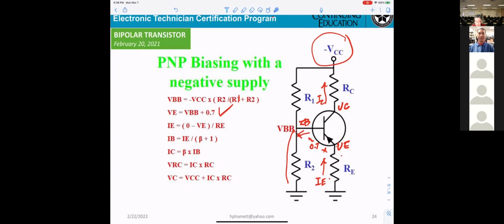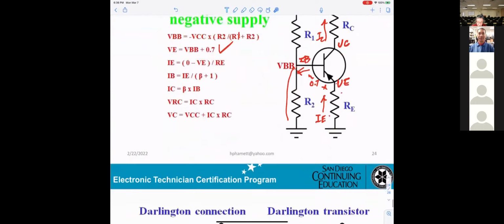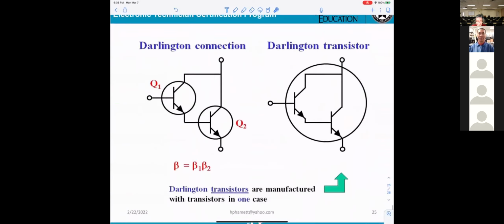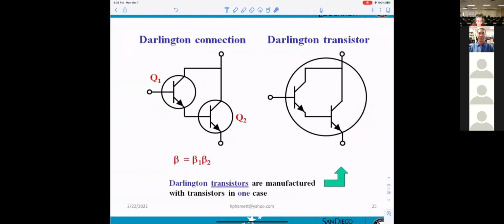If you want, you can run the simulation. Now, the last one, I think, is what they call a Darlington connection. You get two transistors, Q1 and Q2, with the emitter connected to the base. The reason they do it is they want more current gain.